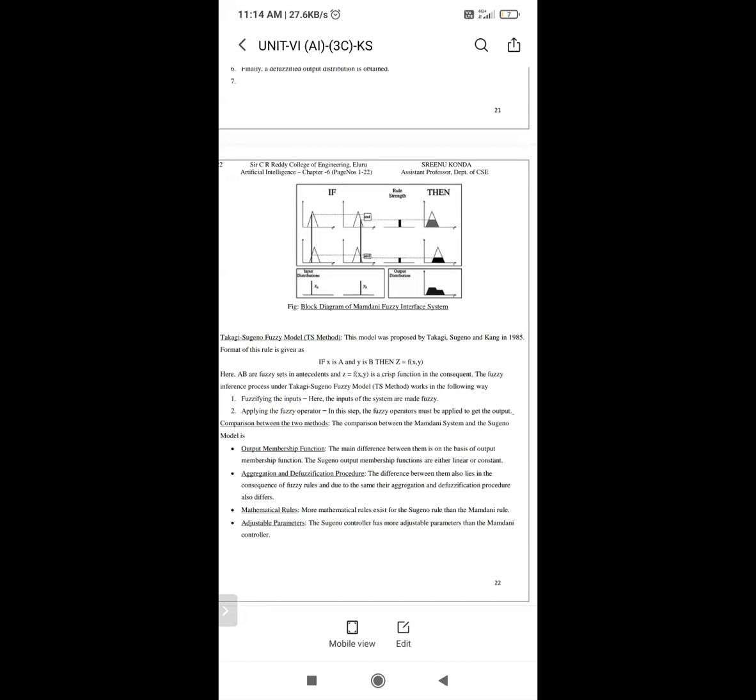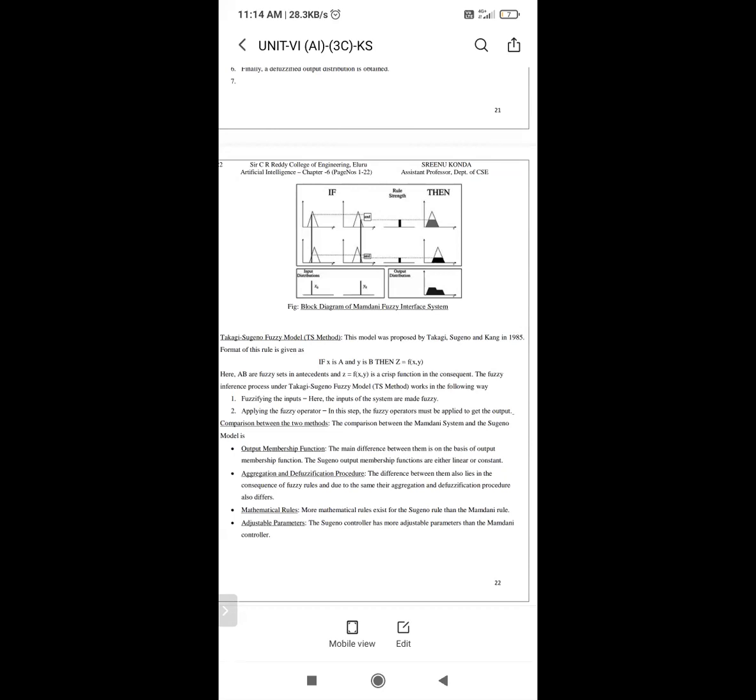Okay, and next one is aggregation and defuzzification procedure. So the difference between them also lies in the consequence of fuzzy rules. The aggregation and defuzzification procedure also differs. That means there is some difference between the aggregation and defuzzification procedure in both the methods.